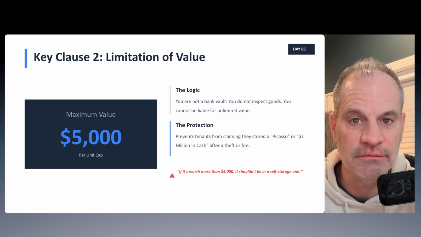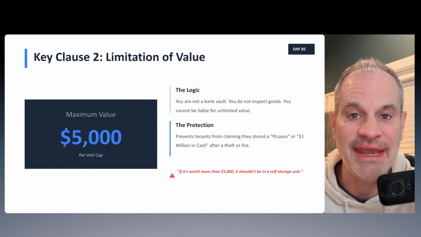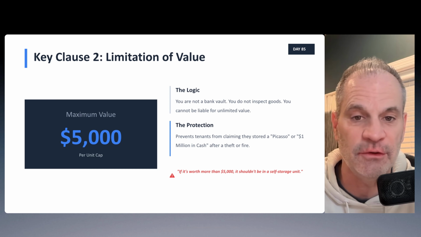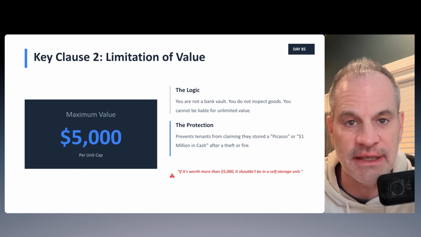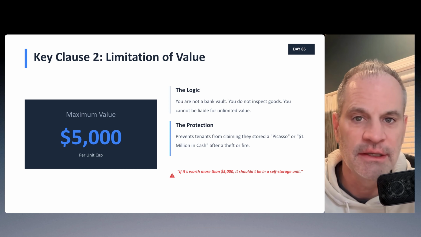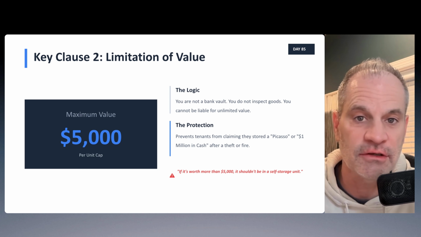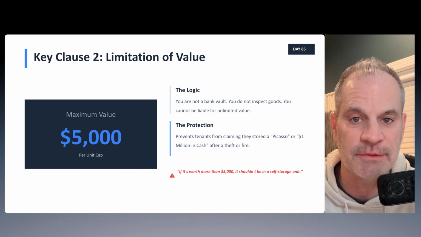You're not a bank vault and you don't inspect the goods going in. Therefore, you cannot be liable for an unlimited value if there's a theft or a disaster like a fire. This clause prevents a tenant from claiming they stored $1 million in cash or a Picasso. If a tenant's goods are worth more than $5,000, they shouldn't be in a self-storage unit. This is a non-negotiable risk management tool.